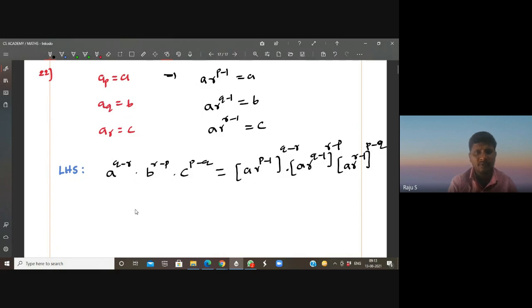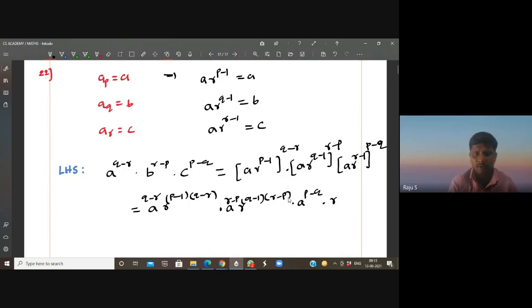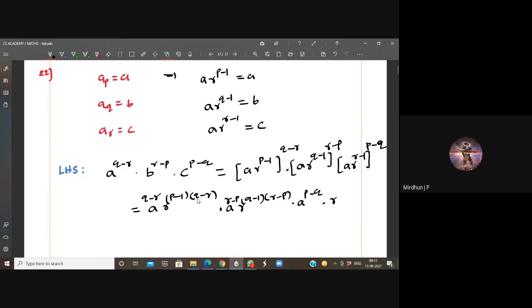All of you simplify this. A R to the power of p minus 1 into q minus r, multiplied with this. Here A to the power of q minus r also, A to the power of r minus p also. So R to the power of q minus 1 into r minus p, and A to the power of... Sir, why have you written q minus r two times?